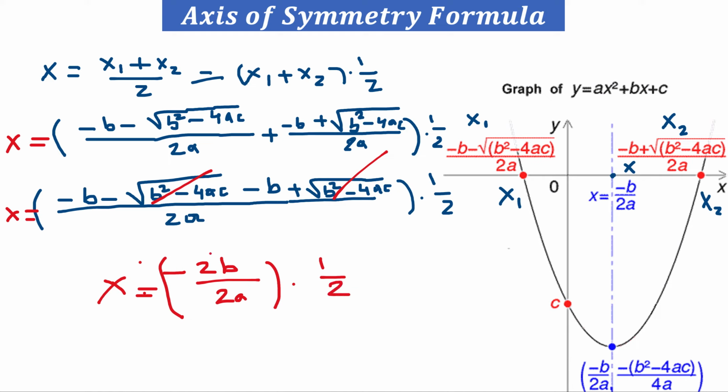As we see here, we can simplify 2 by 2. What remains is minus b times 1. So this is the final formula for the axis of symmetry: x is equal to minus b times 1 is minus b, and 2 times a is 2a. So this is how we can derive the axis of symmetry formula.